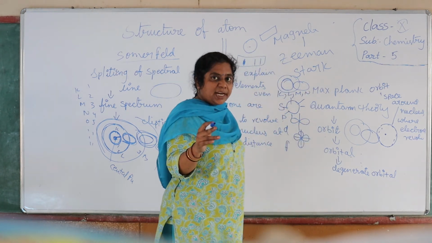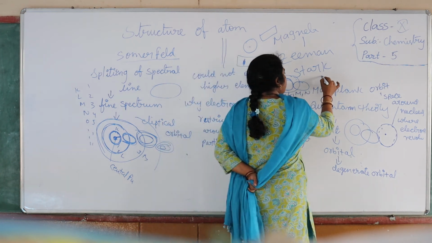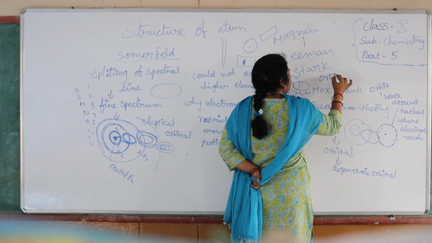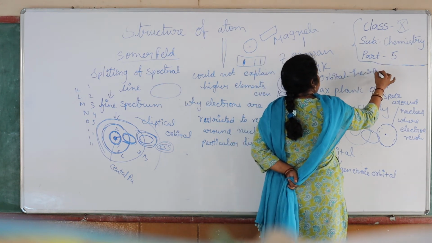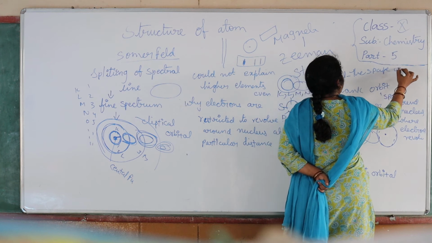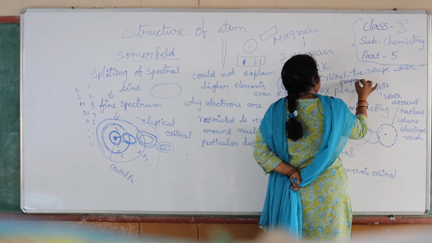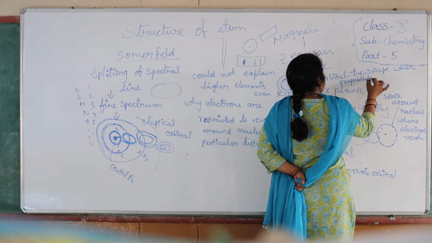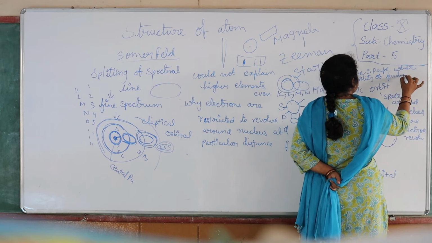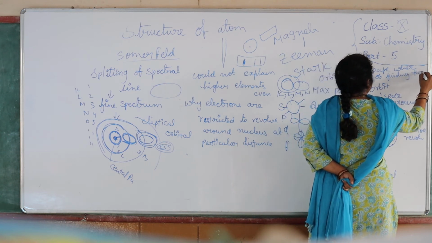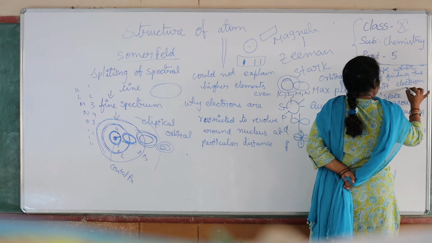I told you an orbit consists of orbitals. And what is an orbital? An orbital is the space where the probability of finding the electron is more.